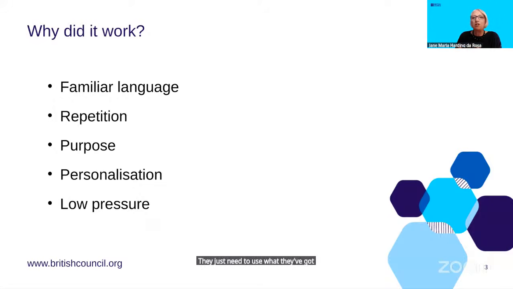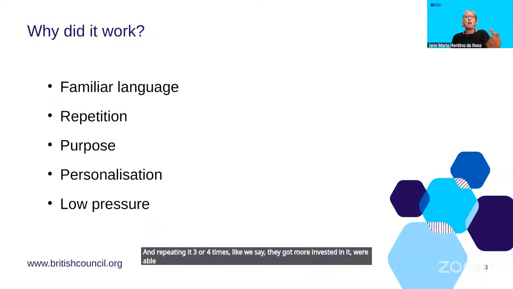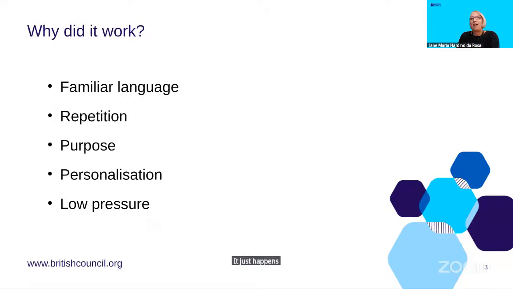This repetition, repeating it three or four times, like we say, they got more invested in it and were able to use it. And you can pick up things from the people you're speaking to. You don't necessarily consciously think, oh, she used this structure, I'm going to use that. It just happens. And it's very meaning-focused communication. And I think that's really important, that there was a purpose behind it, and it's very personalized.